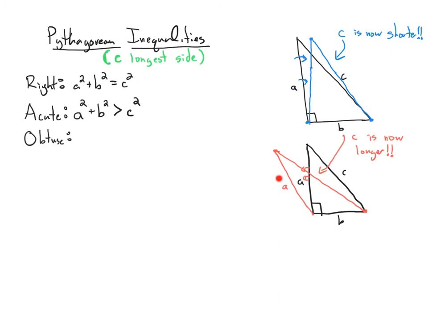And remember, the lengths of A and B didn't change. The only thing that changed was the angle between A and B. It's obtuse now. It's bigger than 90 degrees. So for obtuse triangles, we have that A squared plus B squared is smaller than C squared, since C has gotten appreciably larger.